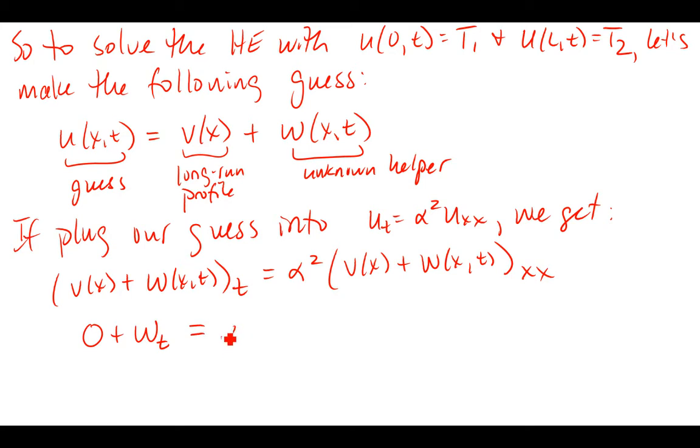Now my right-hand side. Alpha squared is a number, and now I have to make sense of the xx derivative of these. V of x obviously has x's, and so does W, so neither of those is negligible. But what did we just say about V?